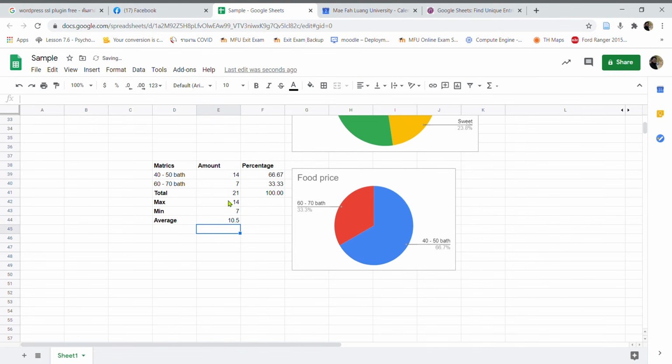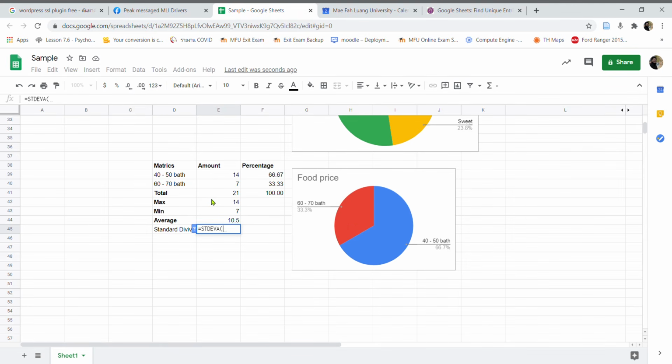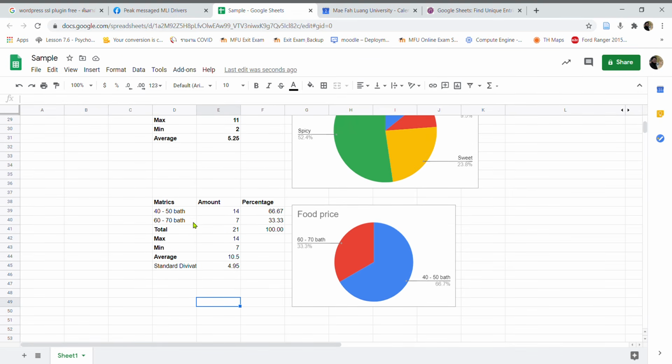Enter. Or if you want standard deviation, you can have equal to STDEV, this one, and these 2 range. You can reduce the digits again to only 2 digits. We usually use 2 digits. So this way you can analyze the frequency.